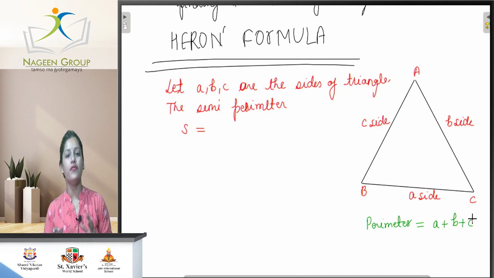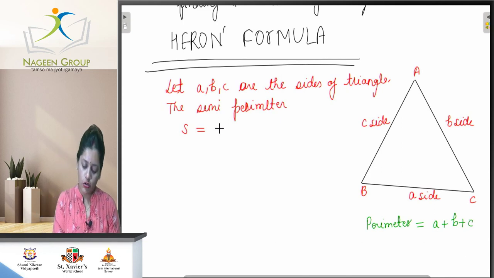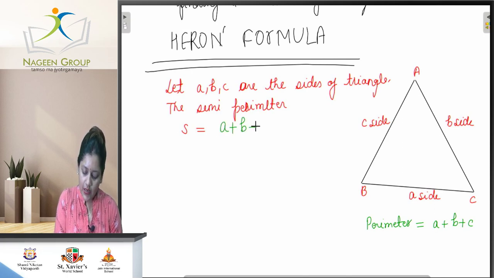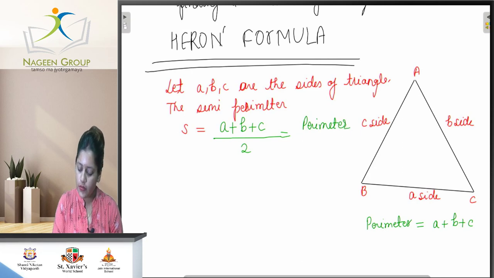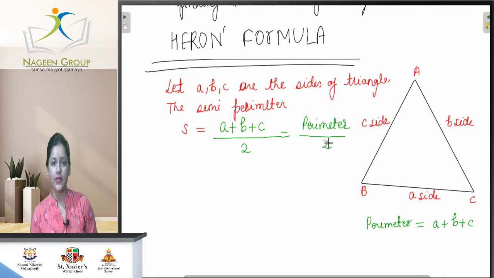Semi is used when we take half of something. Here we have to take half of the perimeter. So the semi-perimeter is a plus b plus c by 2, that is perimeter upon 2.